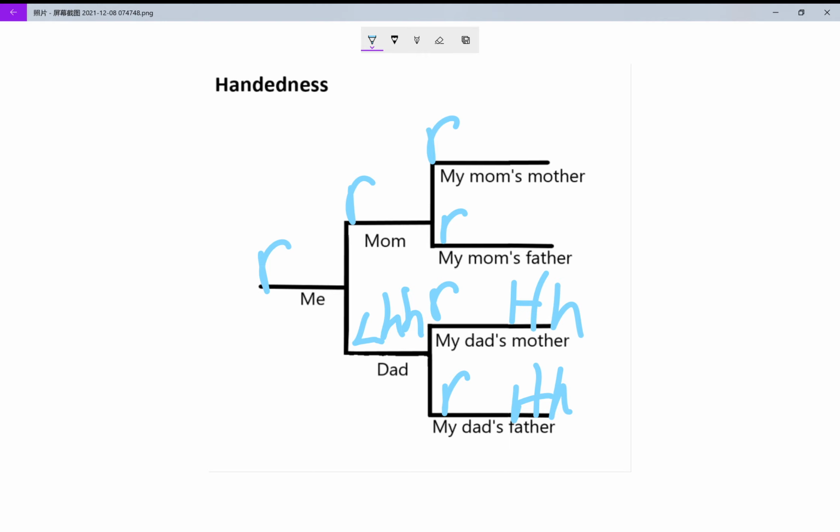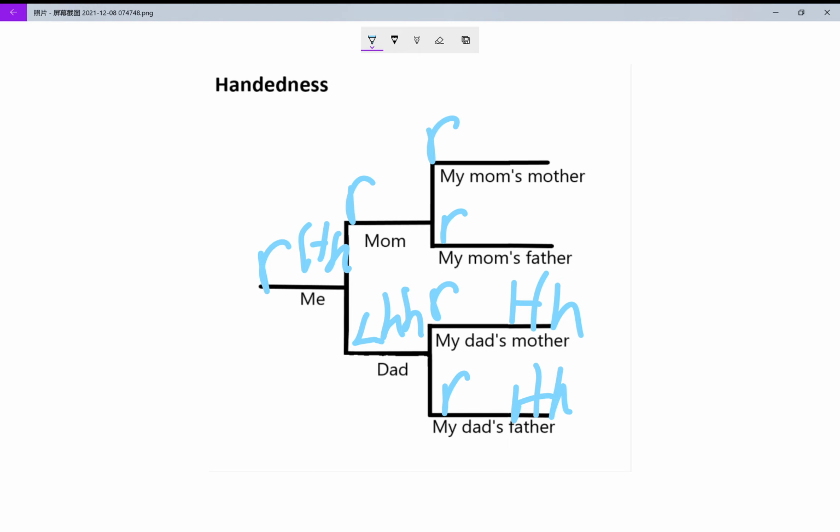And for me, because I'm a right-hander and my mom is a right-hander, but my dad is a left-hander, my genotype should also be a big H with a small h, or I would be a left-hander.